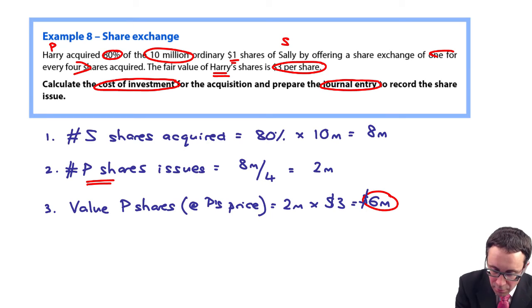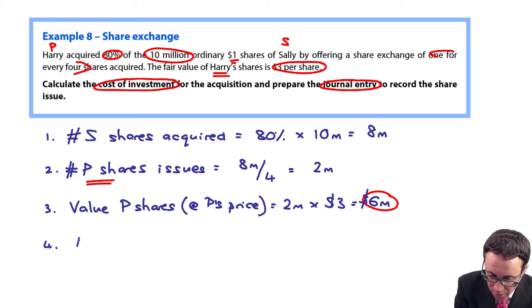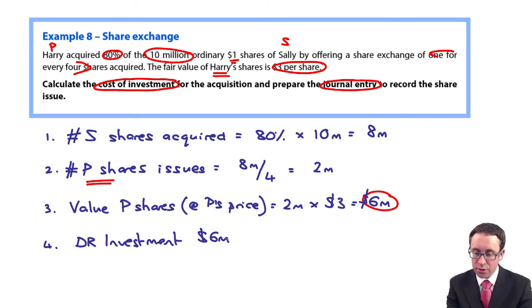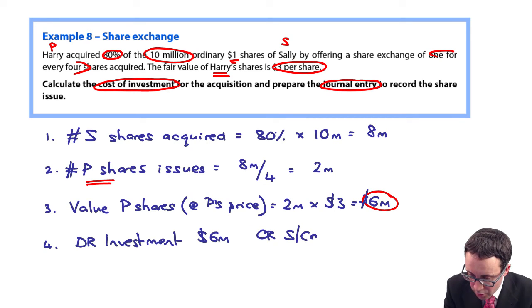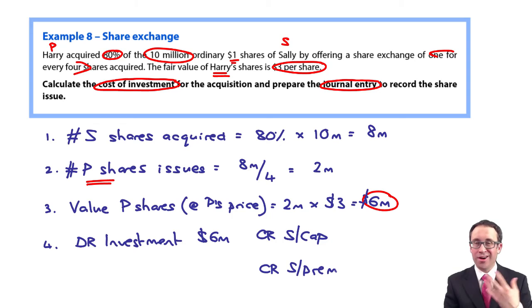Okay. Step number 4 is to do the journal entry. So here we're going to debit the investment with the $6 million. And then we're going to credit share capital and credit share premium. So I'm going to make the assumption that Harry's shares that they issue are the same $1 par value.